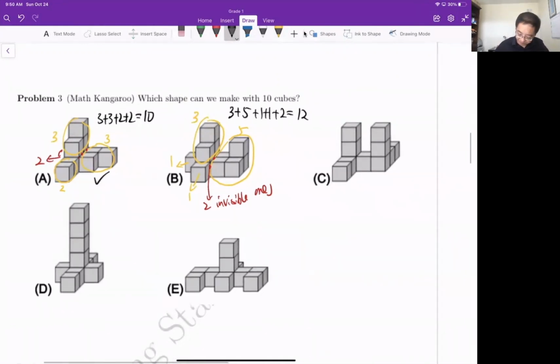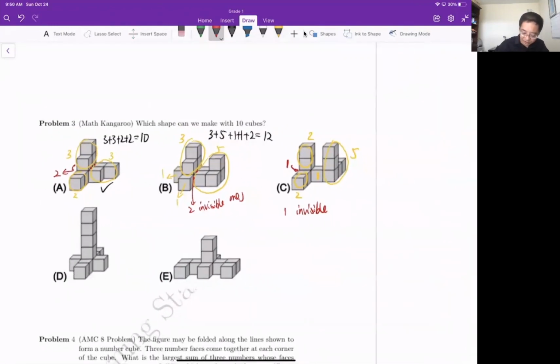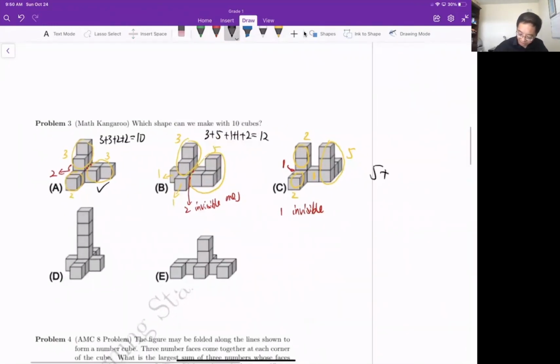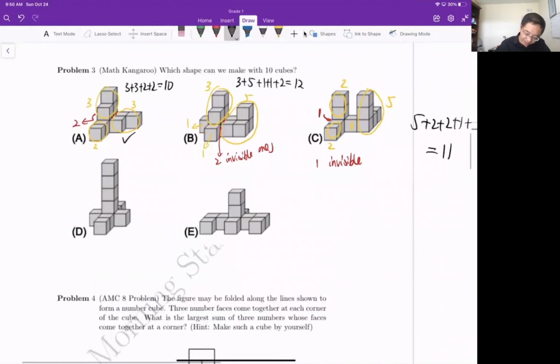How about C? Here we have 5, and we have 1, and we have 2, and we have 2, but again, there's 1 invisible right here. Now we just add together, so 5 plus 2 plus 2 plus 1 plus 1, which you get 11. So for C, we get 11. How about D?